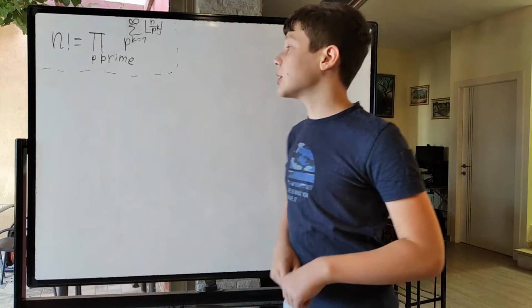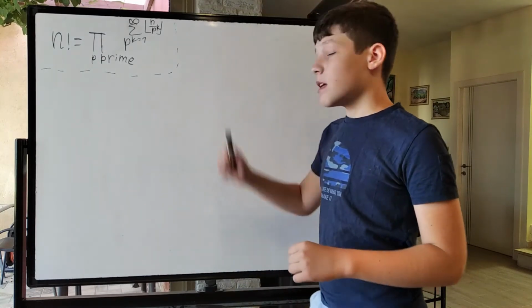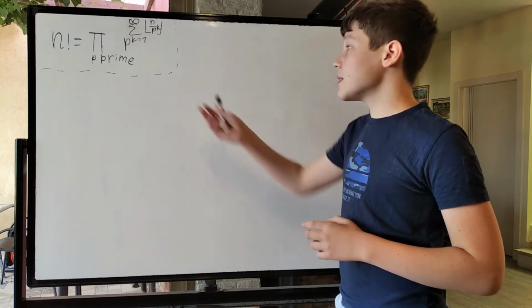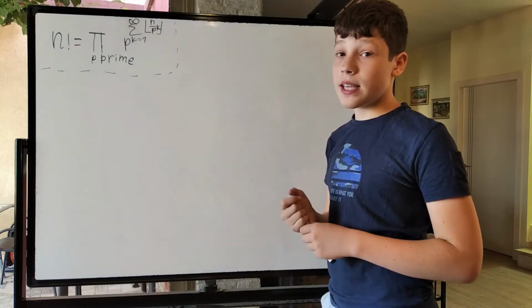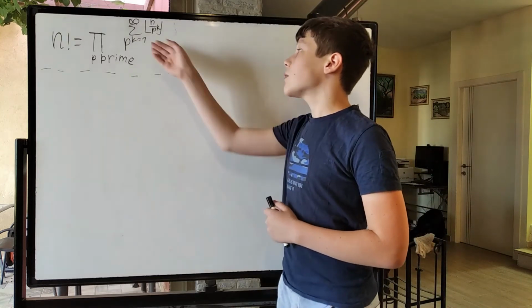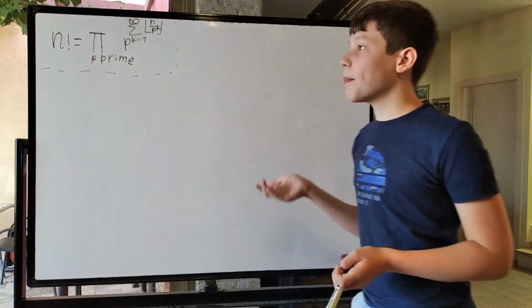Okay, now let's actually prove this formula. So the way we're going to derive it is, this is simply the prime factorization of a factorial, because it's the product over all primes of a prime to the power of something.